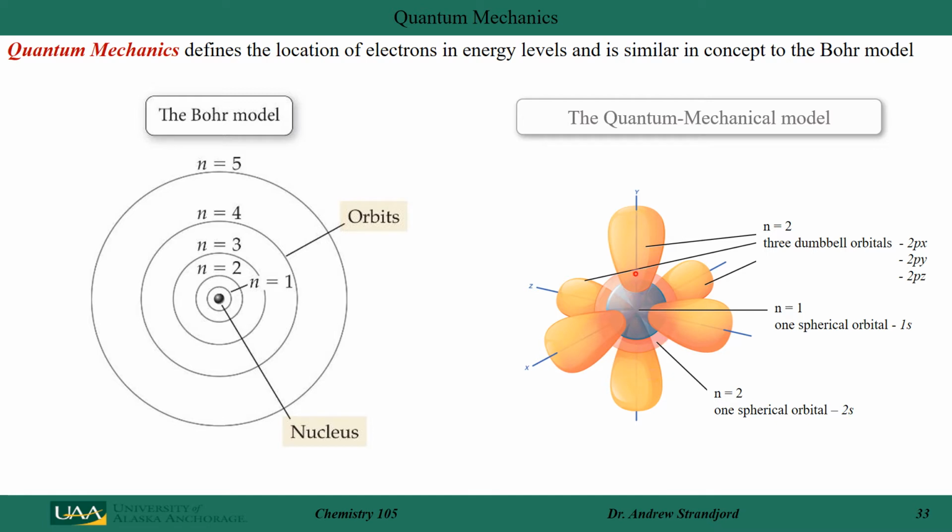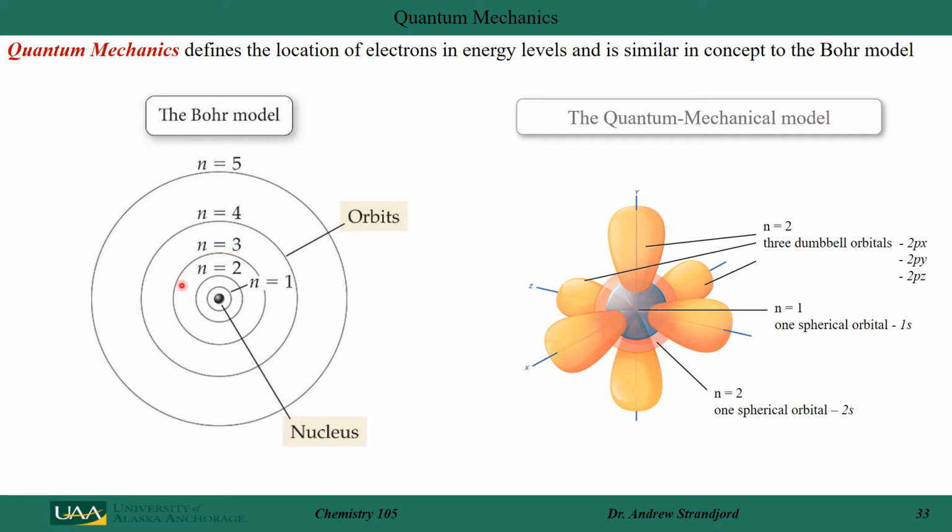As I go further and further away from the nucleus, I now end up with these dumbbell-shaped orbitals, which we're going to call p orbitals now. So even though I have just 1, 2, 3 orbits here, they have different shapes. So in my 1 orbit here, as represented in the Bohr model, I only have spherical orbits.